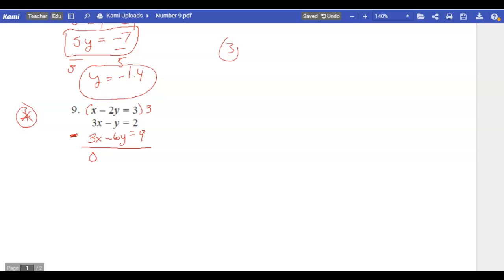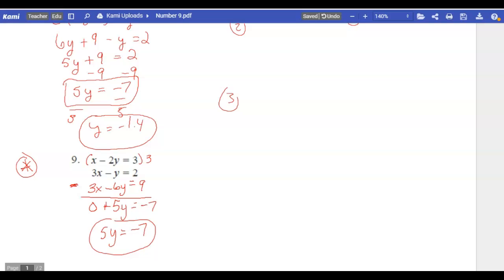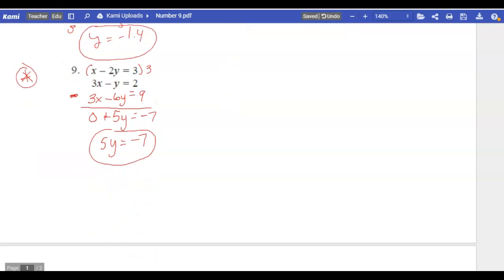So I have negative y plus 6y, which becomes a positive 5y. And 2 minus 9 is negative 7. So wait a minute here. 5y equals negative 7. And yet again, I'm back to where I needed to be. So that's the third way to do it.